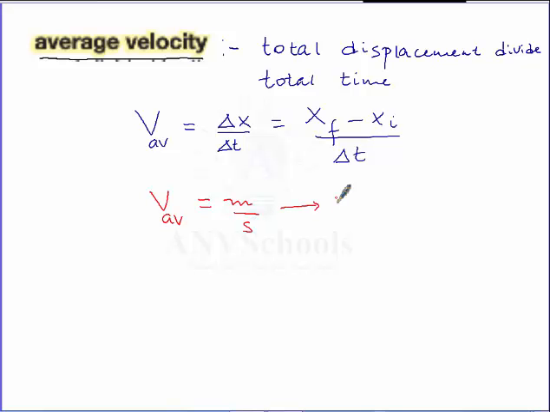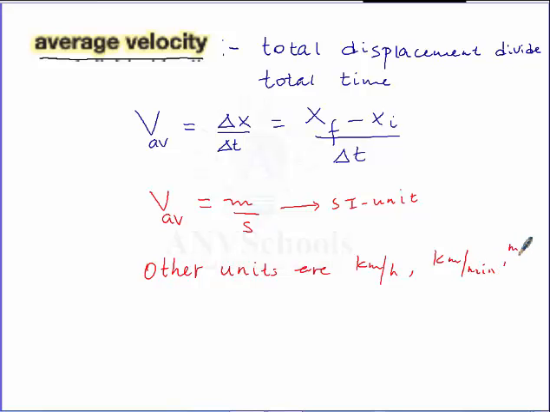We also have other units, like kilometer per hour, kilometer per minute, meter per minute, or mile per hour. We have different units of average velocity.